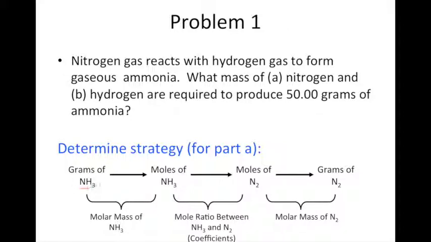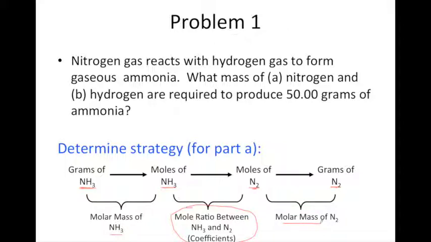I'm given the mass of ammonia in grams, so I can use the molar mass of ammonia to figure out the moles of ammonia. Then I can use my stoichiometric ratio between ammonia and nitrogen. That's going to allow me to figure out how many moles of nitrogen are required. I can then convert the moles of nitrogen required to grams of nitrogen required using the molar mass of nitrogen.